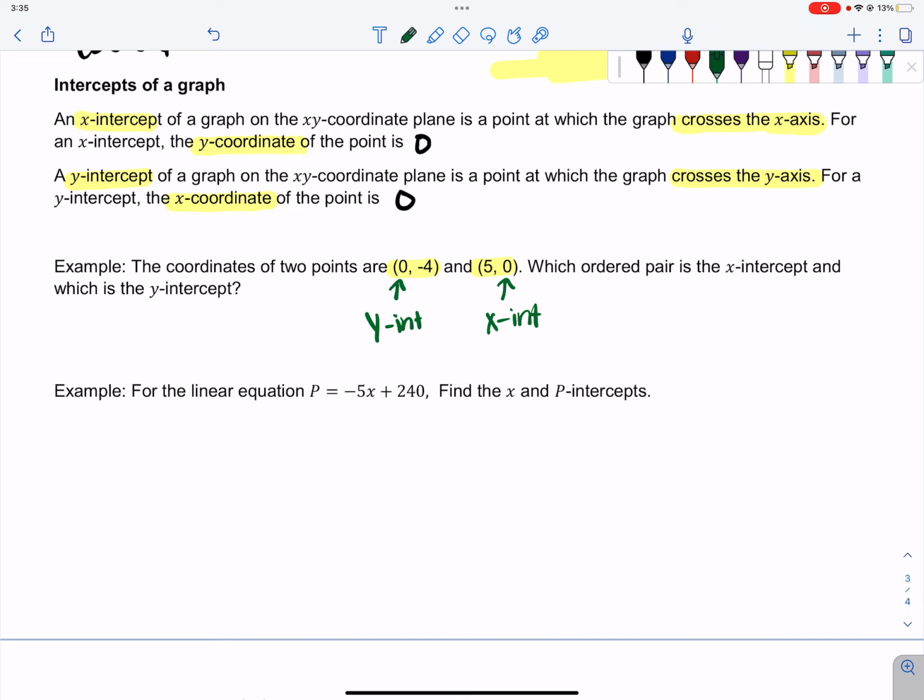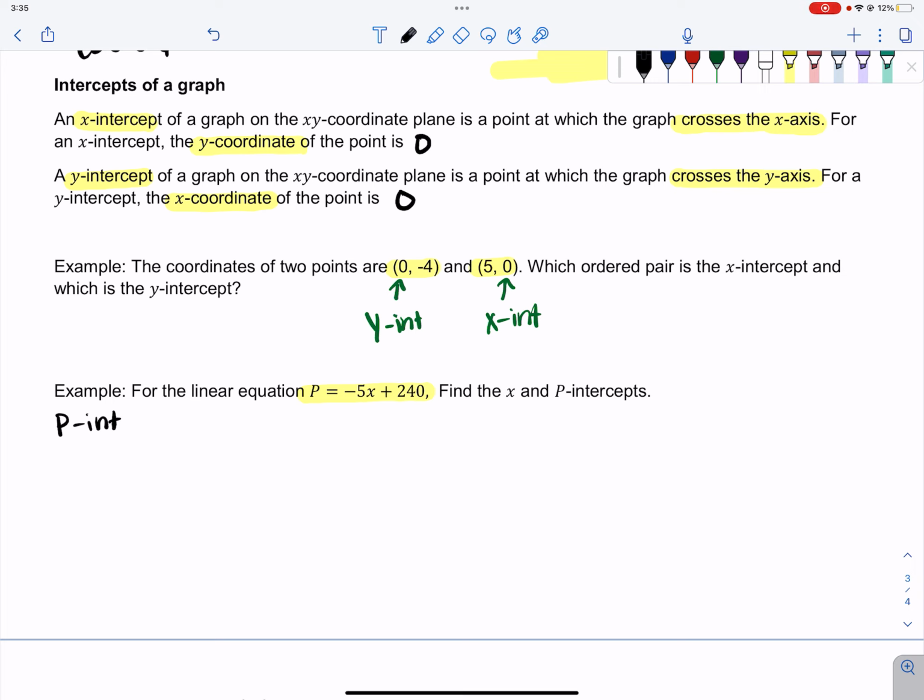Now, let's work through a problem to actually find our intercepts. We have been given the linear equation p = -5x + 240, and I want to find the x and p intercepts. I'm going to start with the p-intercept because that one is usually a little bit easier, whatever variable we're using for y.